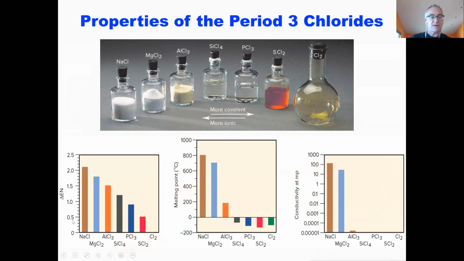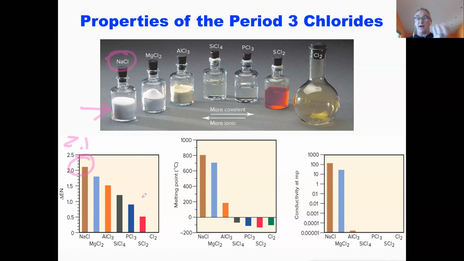So here's the first compound. Good old sodium chloride. You can see that the difference in electronegativity for sodium chloride is around 2.1. So that's ionic. It looks like an ionic compound. You get crystals.